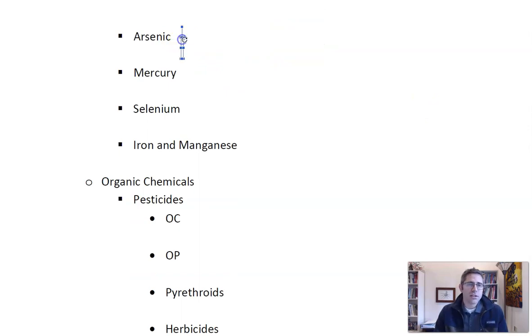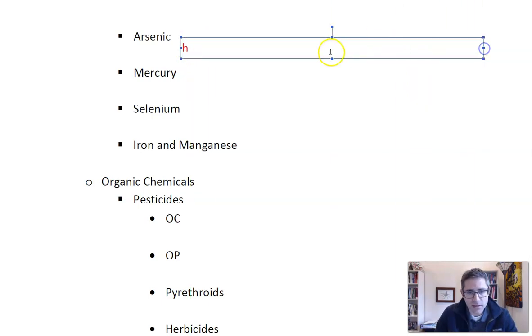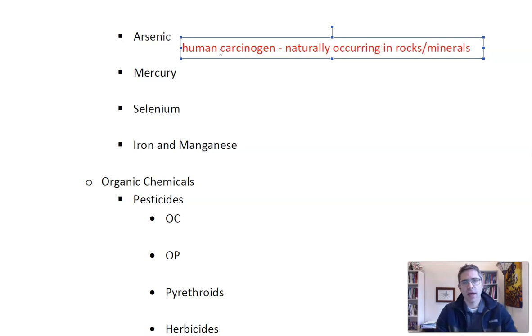Other metals, arsenic. Arsenic is a big human carcinogen. But it's naturally occurring in rocks and minerals. So it's rare that arsenic is discharged or put into the environment as a pollutant, as much as it's just naturally occurring in certain places in the earth.